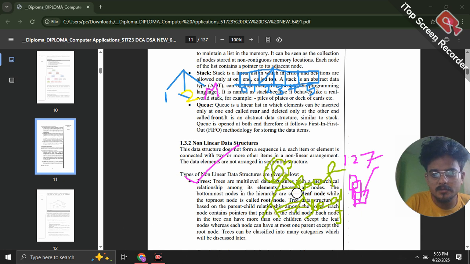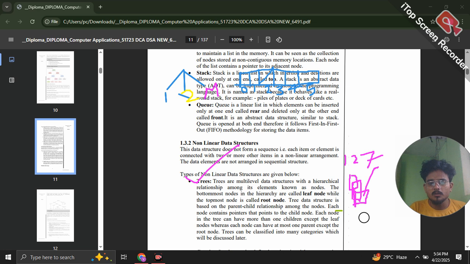Let me erase this. So, the bottommost node in the hierarchy is the leaf node, while the topmost node is called the root node, as I showed there. So this is called a tree, and let's move to the next thing.